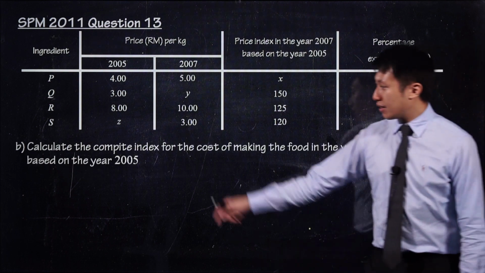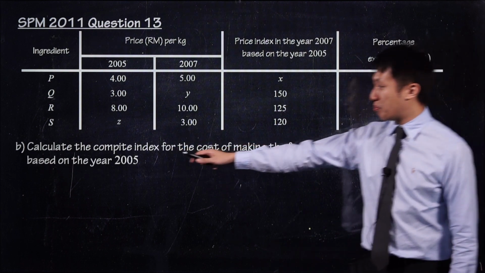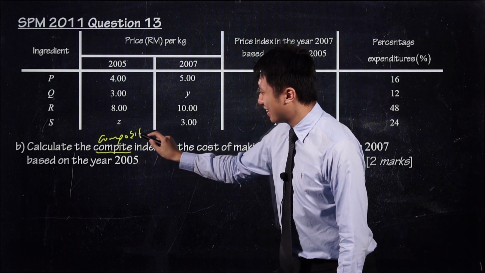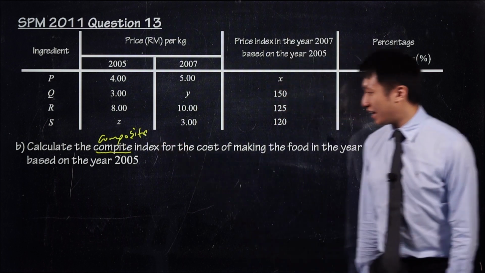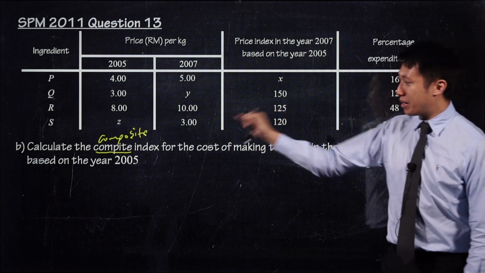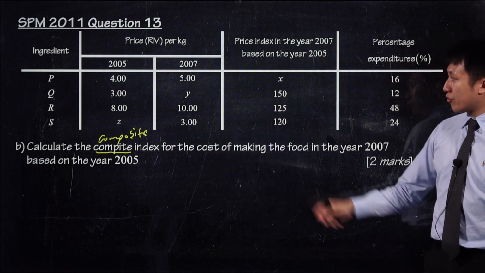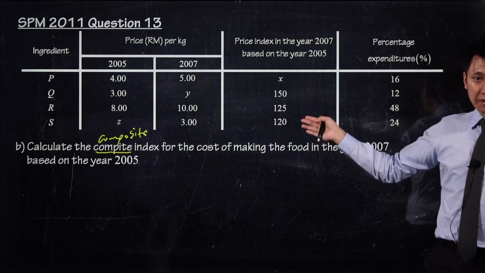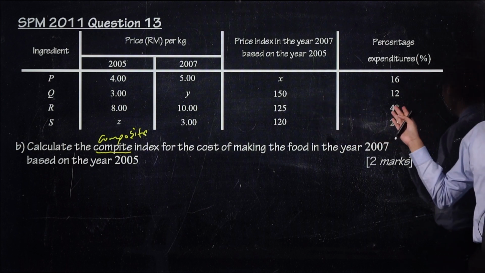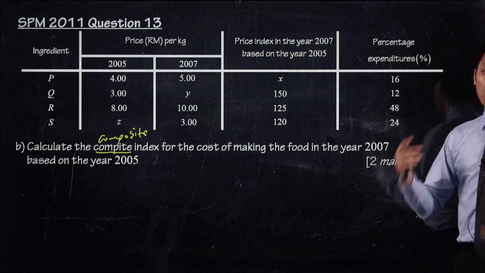All right, next, calculate the composite index. Sorry, typo there. Composite index for the cost of making the food in 2007 based on 2005. So now you have found all these price indices already, right? Then you have the percentage, which is your weightage.